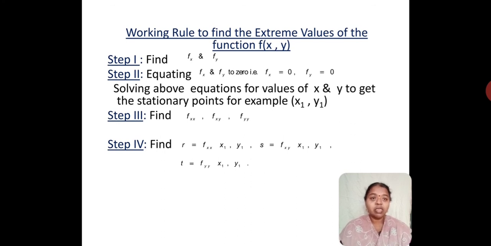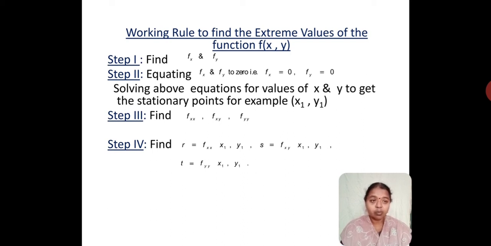Let's see the working rule to find the extreme values of the function f of x comma y. There are some 5 to 6 steps which we need to concentrate on. Now let's see step by step. As soon as a problem is given, it is taken as f of x comma y. The first step would be to find fx and fy, that is ∂f/∂x and ∂f/∂y.